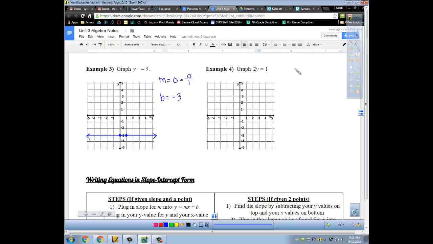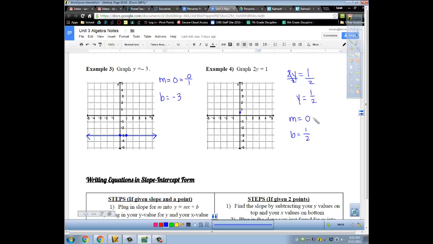So it's not going up any, it's not going down any, it's just going straight across. Example 4 is very similar. We still need to get y by itself, so divide both sides by 2 to get y equals 1/2. So I need to figure out your slope and your y-intercept. Your slope, again, is the number in front of your x. There is no x, so the slope is 0, and your y-intercept is 1/2. So when you find 1/2 on the y-axis, just do your best to estimate it. I think 1/2 would be about here.